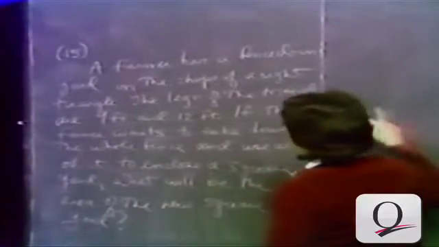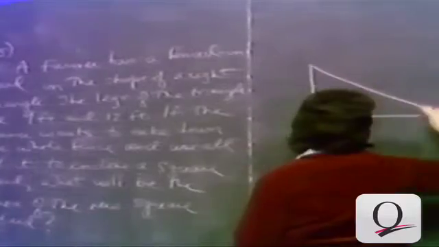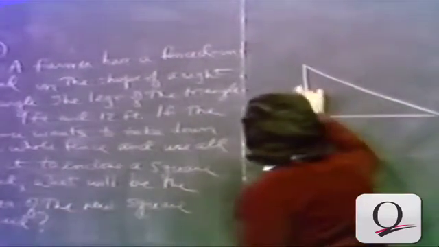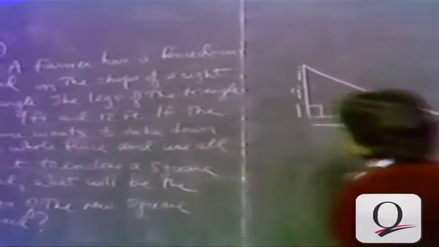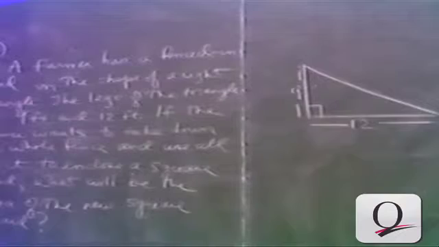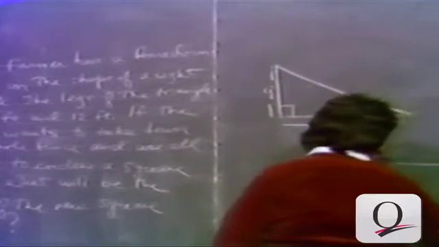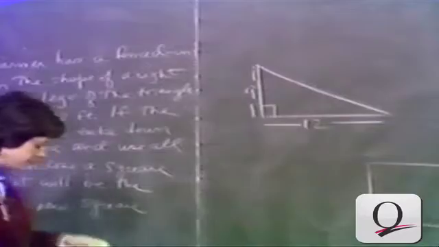He has a fenced-in yard in the shape of a right triangle. And the legs of the right triangle are 9 feet and 12 feet. The legs, not the hypotenuse. He's going to take down the whole fence and use all of it to enclose a square yard. And he wants to know the area of the new square yard.